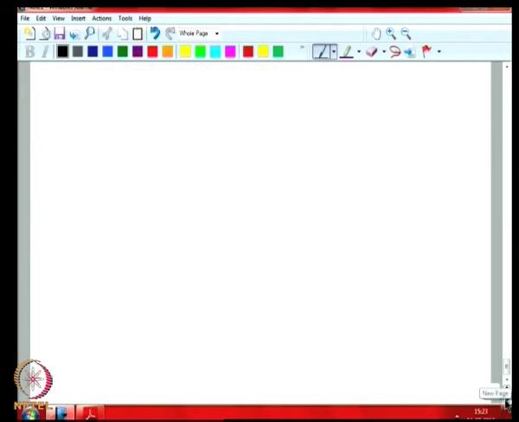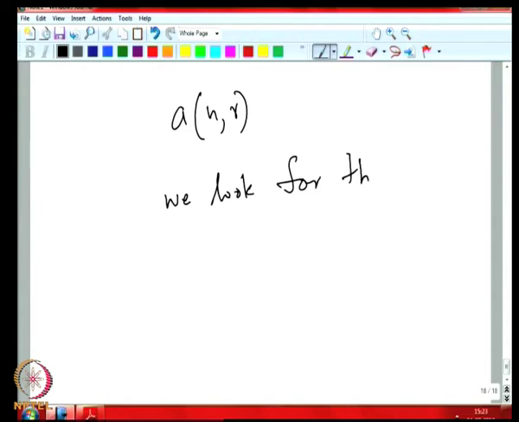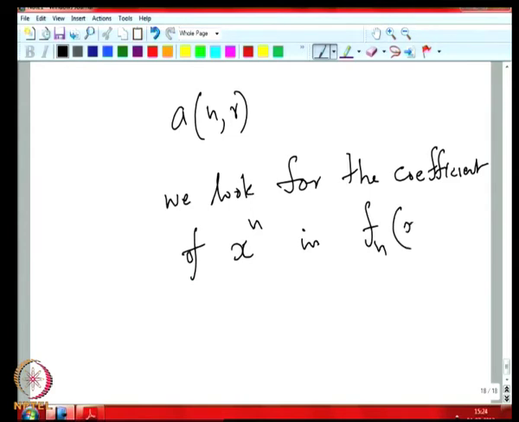Now, if you want to find a(n, r), we look for the coefficient of x raised to r in the expansion of f n of x. What will be that?